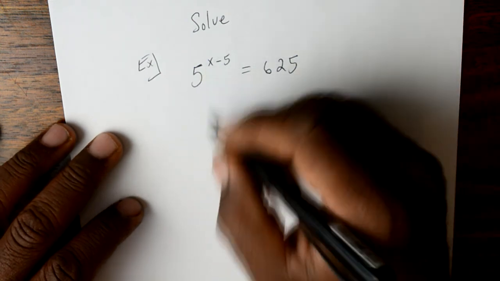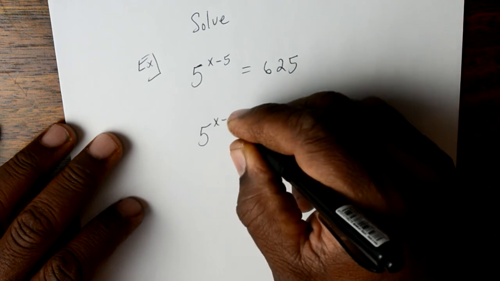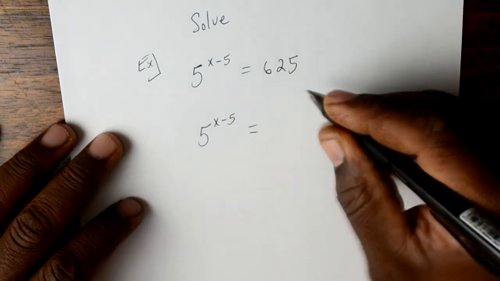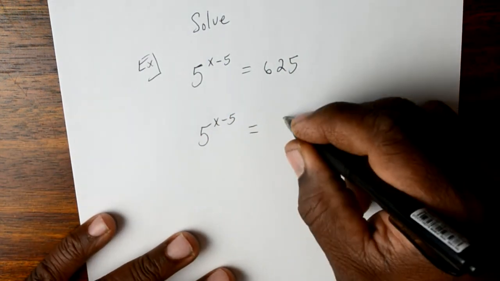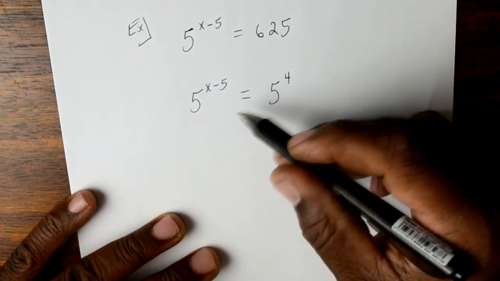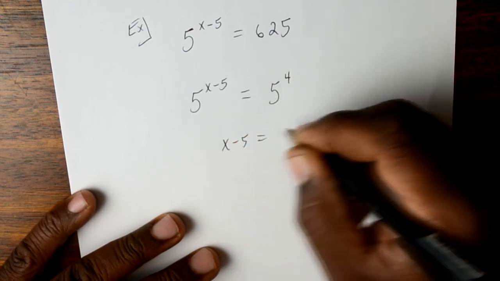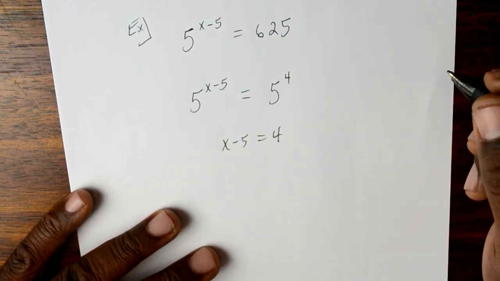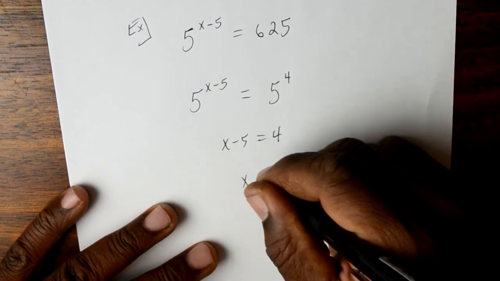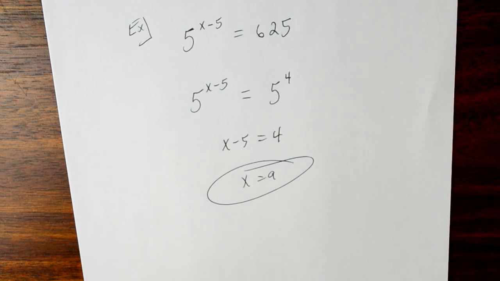So I simply bring my left hand side down, 5 raised to the x minus 5. I'll rewrite 625 as 5 to the 4th power. I'll now drop my bases and set my exponents equal. X minus 5 is equal to 4. I'll now add 5 to both sides, and I have x equal to 9.